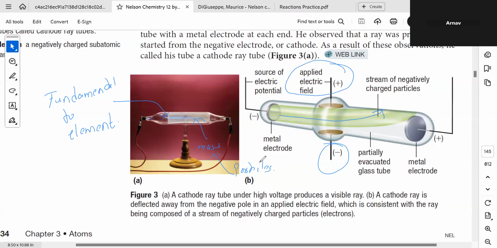So he was the first one who actually created particles from atoms, and he said that atoms can be broken. Does that make sense? So the atom was broken and electrons were discovered. He named them as electrons. So electrons are one of the fundamental particles of the atom.